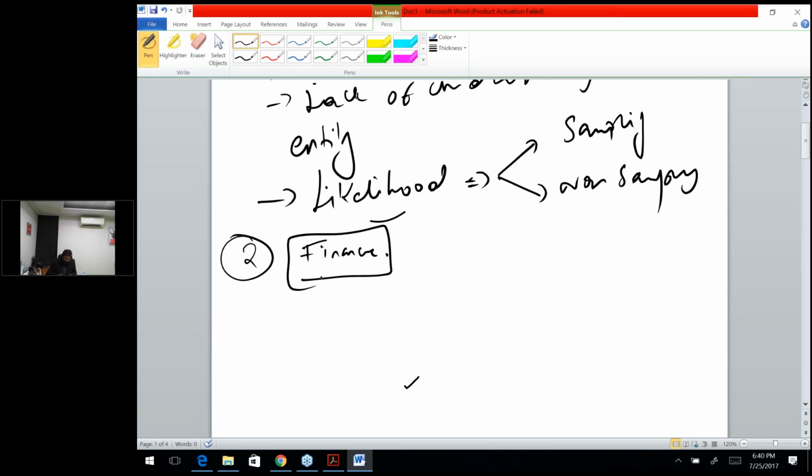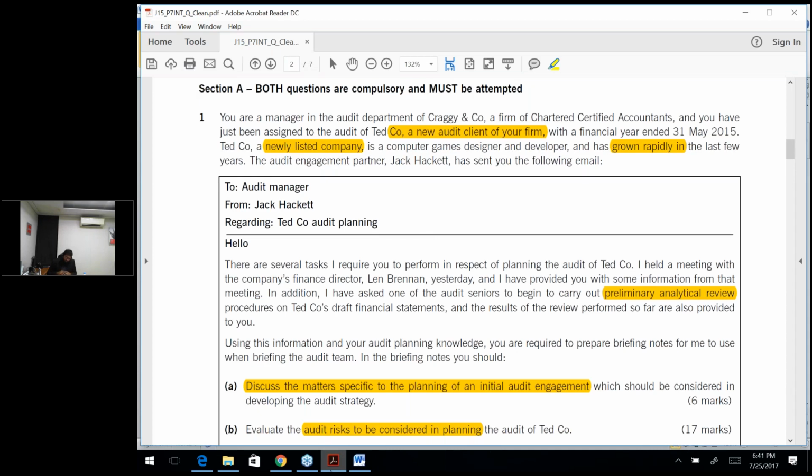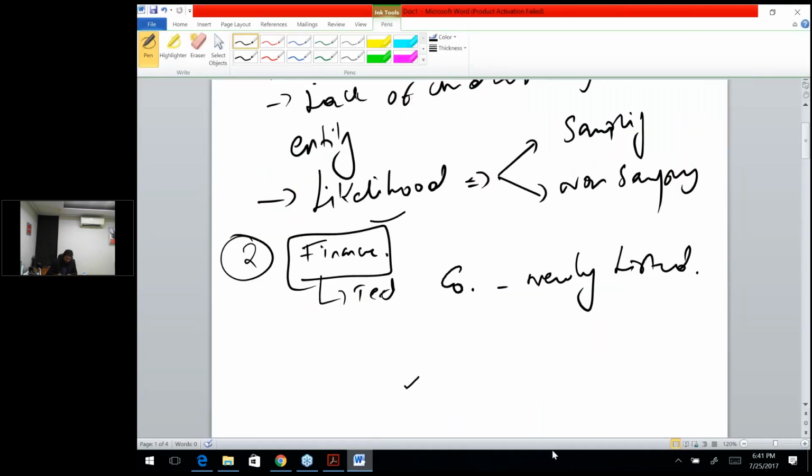Here also, TED company is a newly listed company. We are not too sure if it was listed in the current year or not, but if it's a newly listed company, that means the financial statements could be subject to management bias.